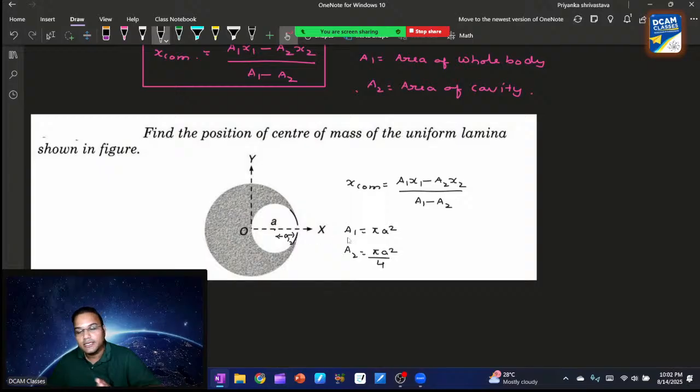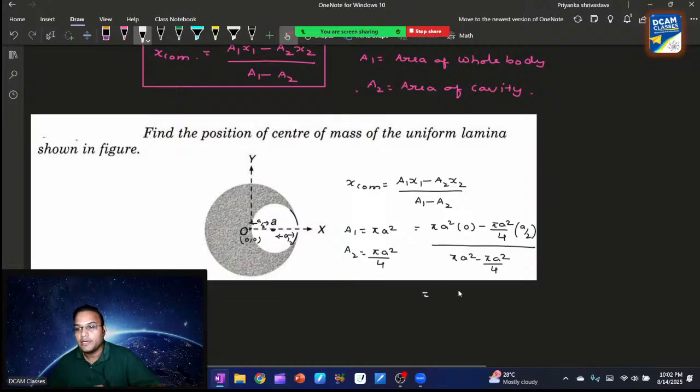Now apply the formula: pi a square into its center of mass, which is at 0 for the original body, minus pi a square by 4 into its center of mass at a by 2, whole divided by a1 minus a2, which is pi a square minus pi a square by 4.